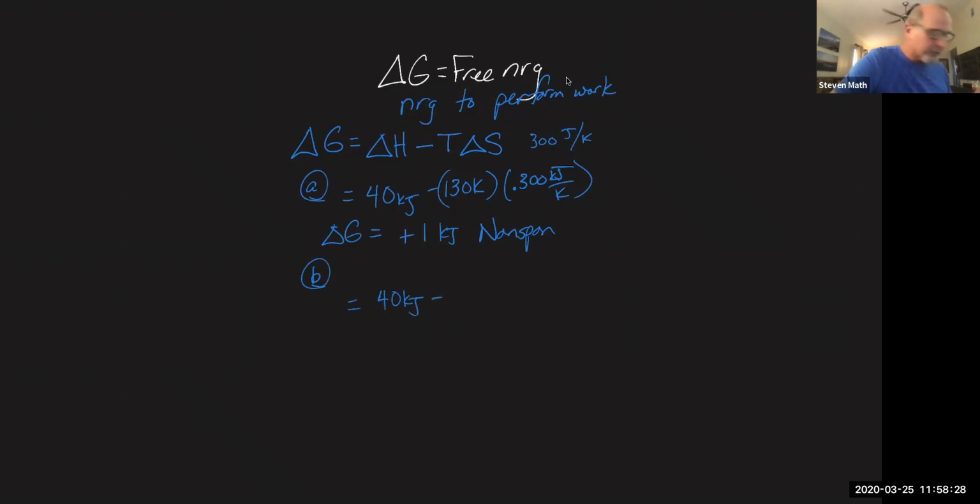Minus a temperature that goes from 130, now we're going to kick that temperature up a little bit to 150 Kelvin, all the while keeping our entropy the same at 0.3 kilojoules per Kelvin. And now, all of a sudden, what used to be a positive delta G, non-spontaneous, now becomes a negative 5 kilojoules. And that becomes a spontaneous reaction.